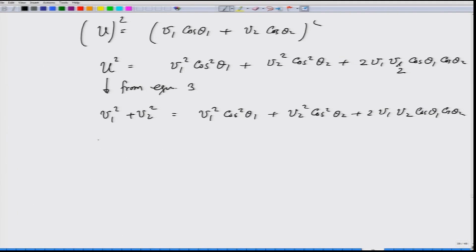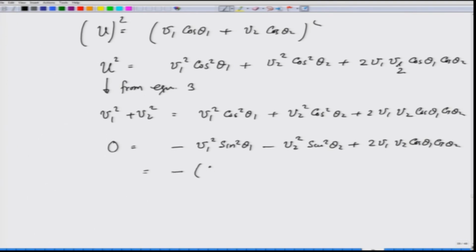I will take v1 square and v2 square to the right hand side, and therefore I will get 0 equals minus v1 square sine square theta 1 minus v2 square sine square theta 2 plus 2 v1 v2 cosine theta 1 cosine theta 2, which I can write as minus v1 square sine square theta 1 plus v2 square sine square theta 2 plus 2 v1 v2 cosine theta 1 cosine theta 2.